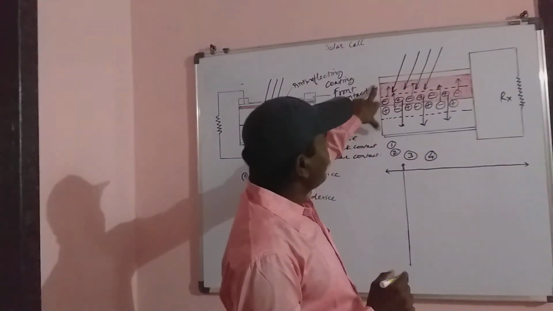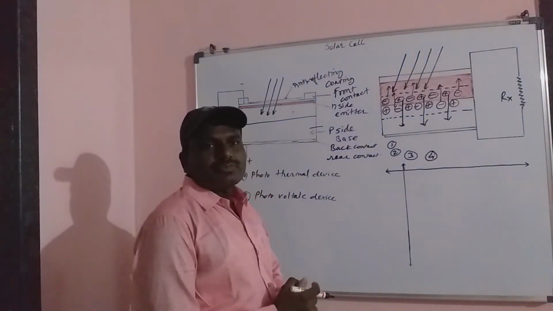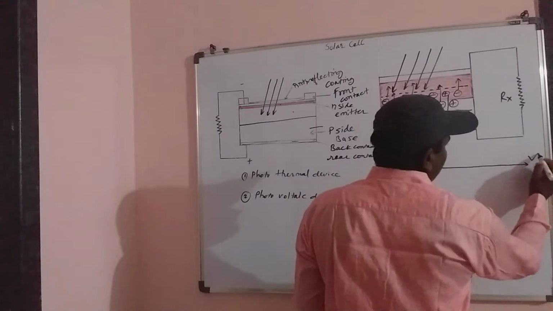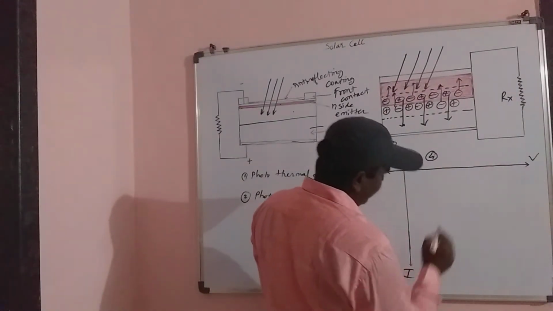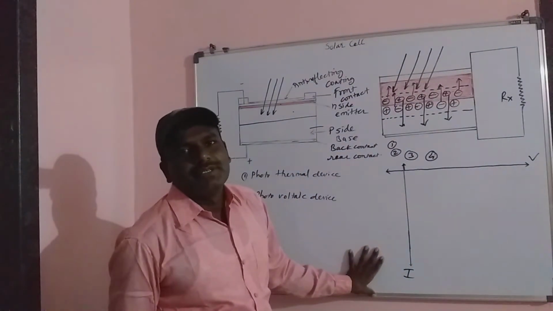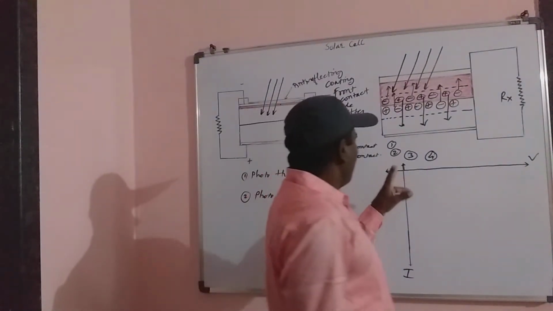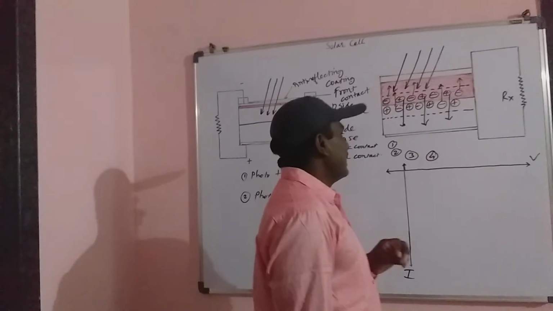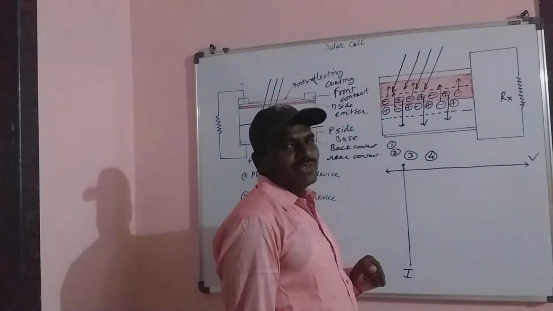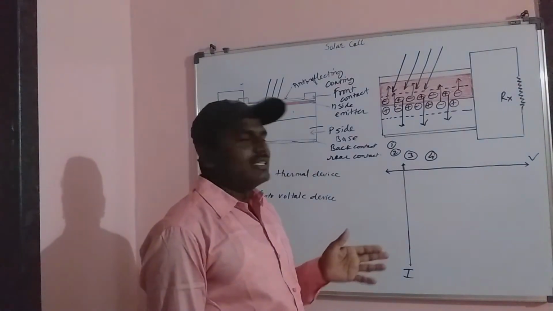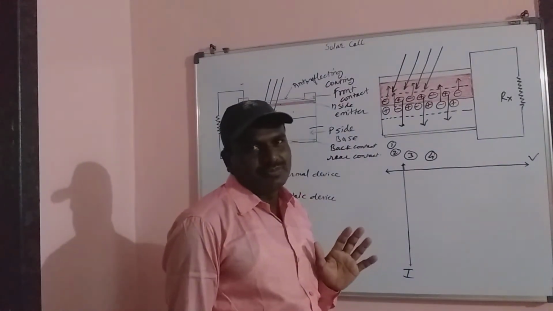If we see the graph of voltage versus current of the solar cell, the graph is drawn in the fourth quadrant because the solar cell supplies current to the load resistance.